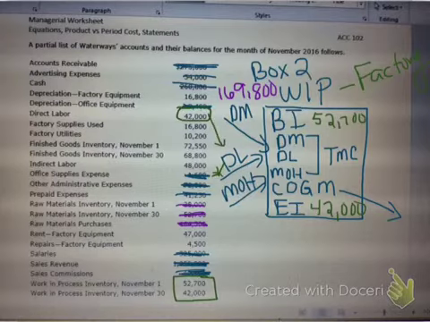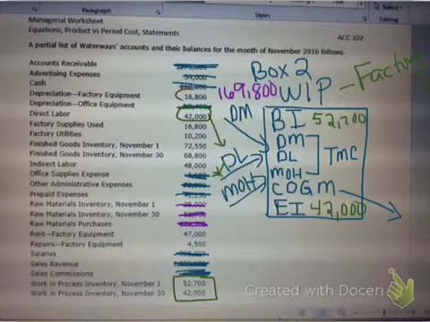Some of the other things that we can look at here is this manufacturing overhead. The things that are going to be included in manufacturing overhead are those expense items that are product costs that don't fit as direct material and don't fit as direct labor.